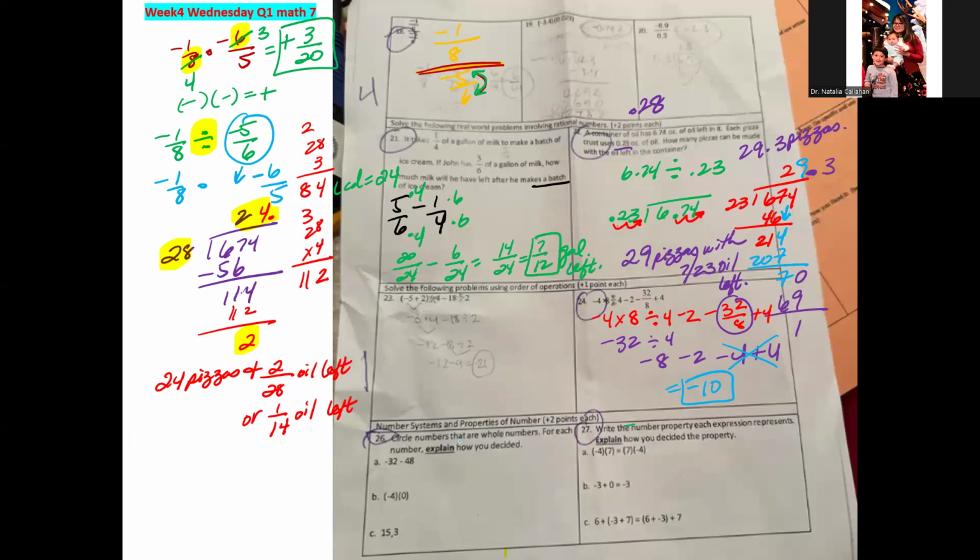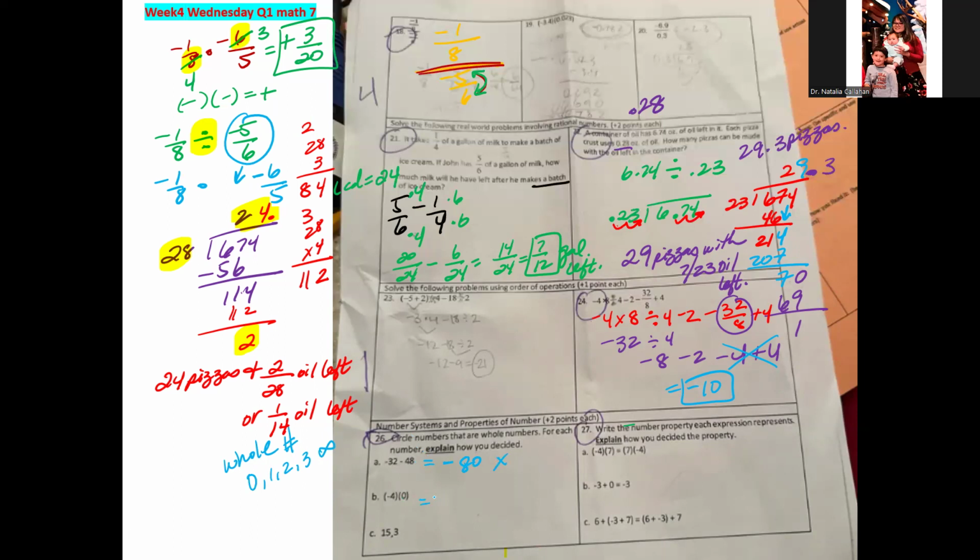All right, number 26. Circle numbers that are whole numbers. For each number, explain how you decide. The definition of whole numbers is that they have to be 0, 1, 2, 3, and all the way up. The first one is going to give you -80, so that doesn't work.